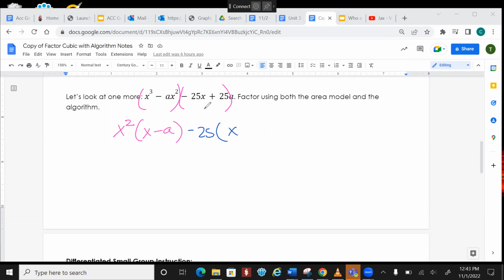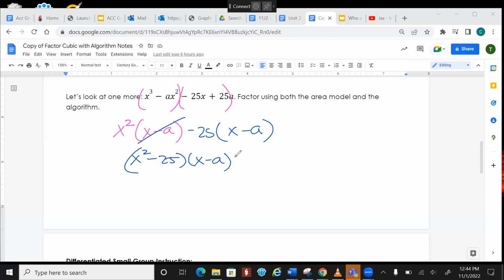I'm going to take 25a and divide by negative 25, and that's going to give us negative a. Since we see that these repeat, I'm going to take this one out, squish these two numbers together, and bring that x minus a down.